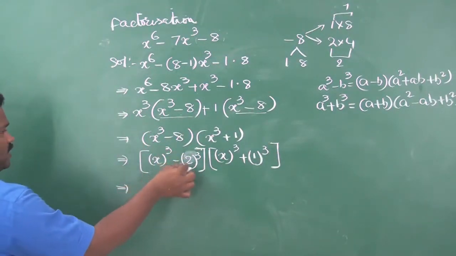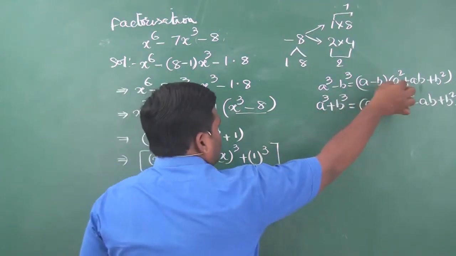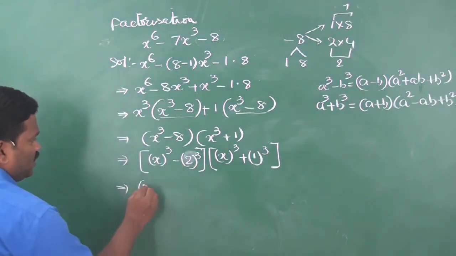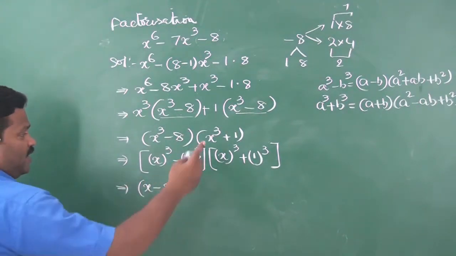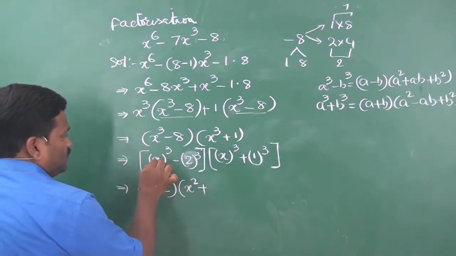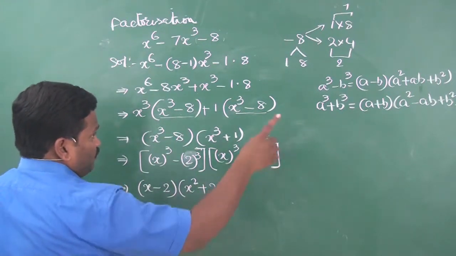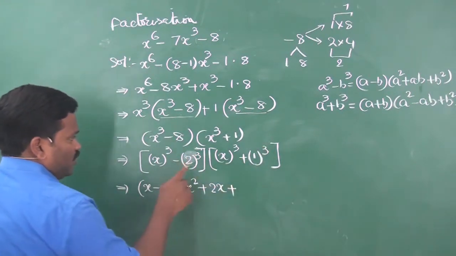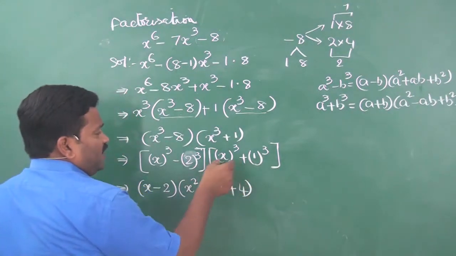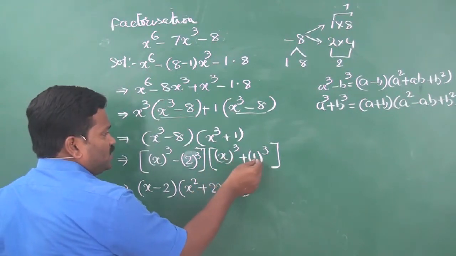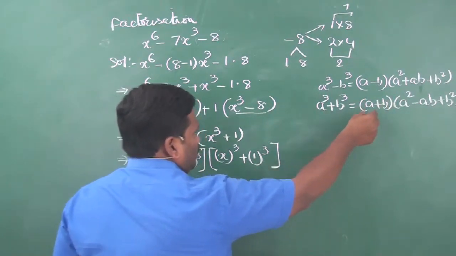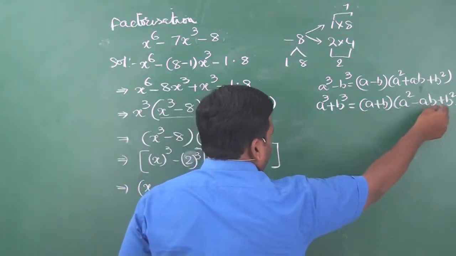a cube minus b cube is a minus b into a square plus ab plus b square. a minus b is x minus 2, a square is x square, plus ab is x into 2, 2x, plus b square is 2 square, which is 4. And for the term in the form of a cube plus b cube, the factors are a plus b into a square minus ab plus b square.